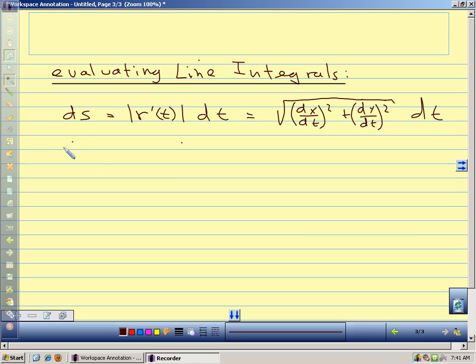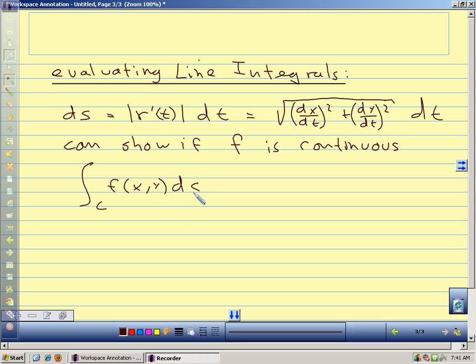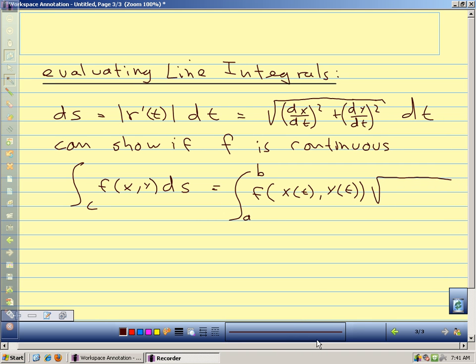We can show that if f is continuous, then our line integral, the integral over our path C of f of x, y ds, is the integral from a to b of our function represented in terms of our parameters times our arc length parameter.